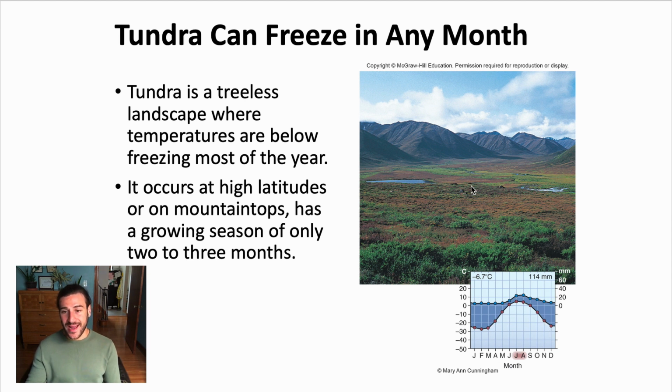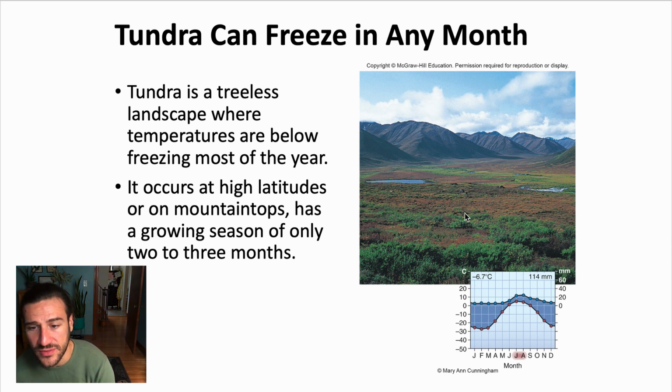You can see there are not even trees that can exist here. This picture was taken during the warm July and August months here. So, a very short growing season. Obviously we can't see any animals here. There are not a lot of animals that do live here. So the plants have a very short growing season.